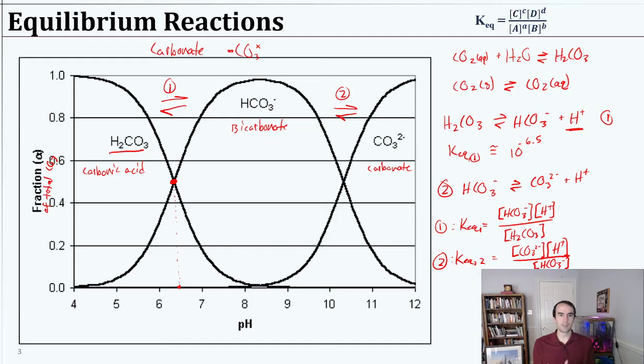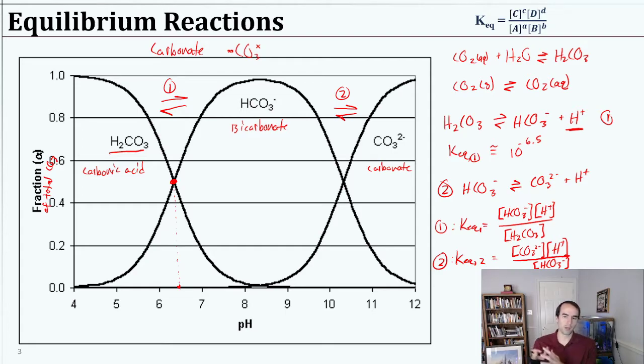This is an example of what these equations look like when played out in terms of the fraction of this stuff. Because there's some total amount of CO2 dissolved into carbonate, there's some total amount of carbonate in the system, and we can adjust the pH positive or negative.